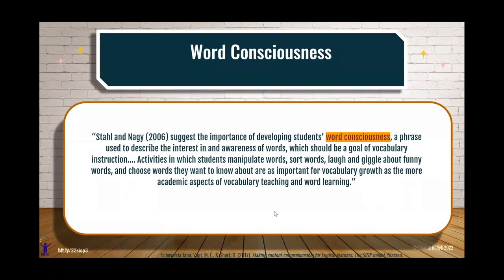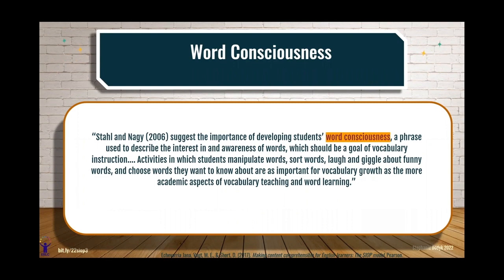When we're thinking about vocabulary, we need to think about word consciousness. This is from Echevarria, Vogt, and Short's book, Making Content Comprehensible for English Learners, the SIOP model. They say Stahl and Nagy suggest the importance of developing students' word consciousness, a phrase used to describe the interest in and awareness of words, which should be a goal of vocabulary instruction.